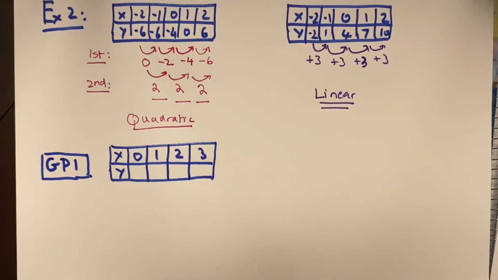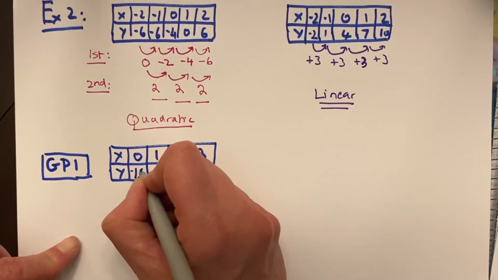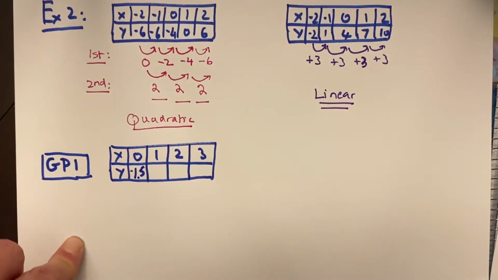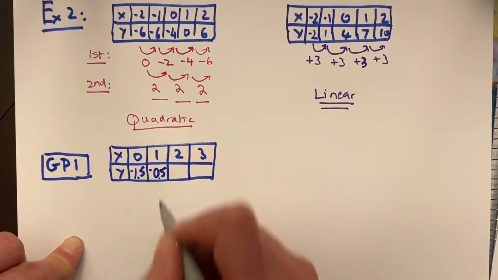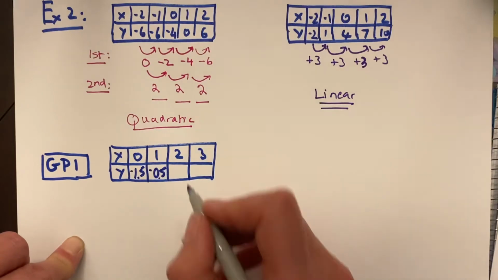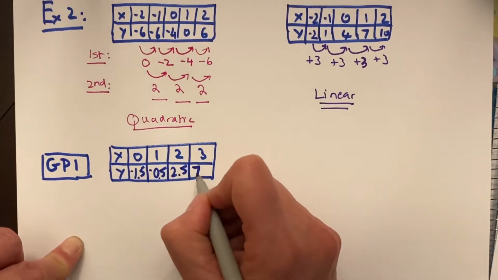And so when x is 0, y is -1.5. When x is 1, y is -0.5. X is 2, y is 2.5. And when x is 3, y is 7.5.